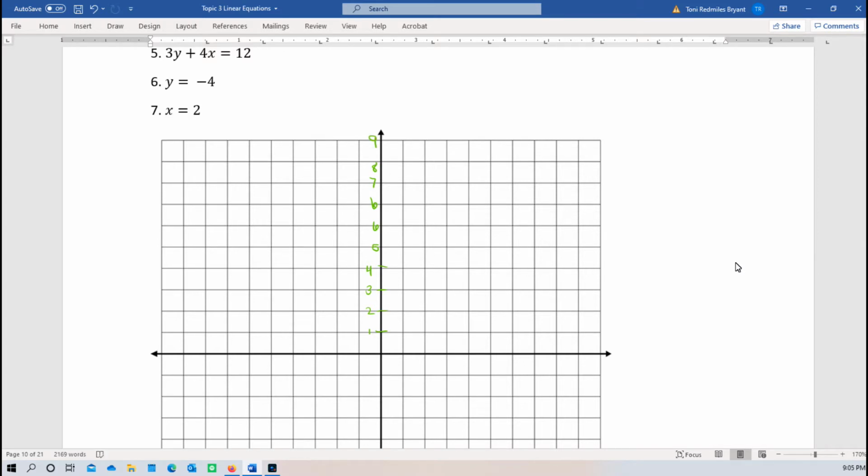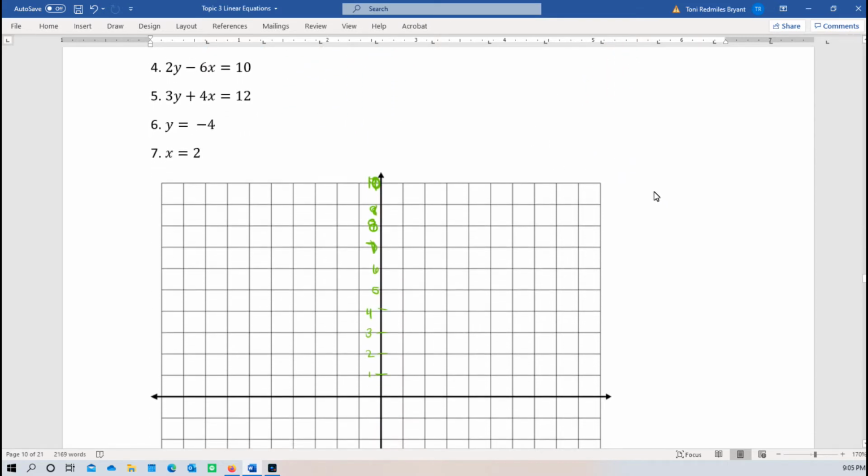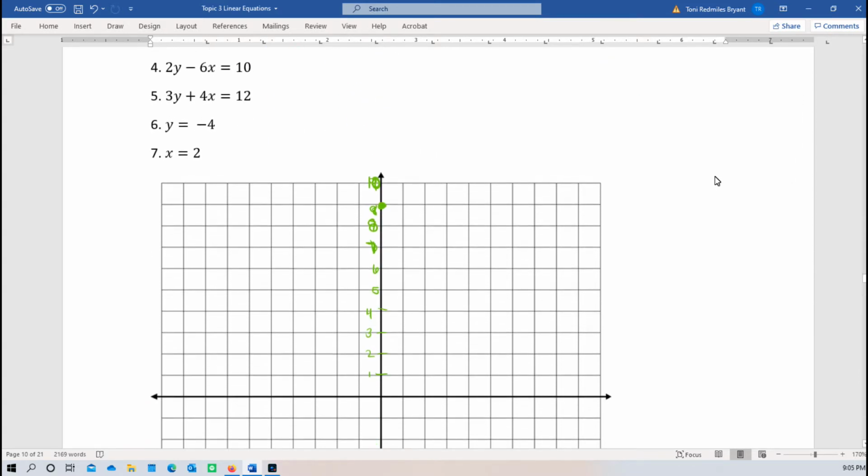Oh, I got 6 twice. How did that happen? 10. All right, so 0 and 9. And the x-intercept is going to be x equals -4.5, y equals 0. So -1, -2, -3, -4, -5, right dead in between. And I'm going from here.